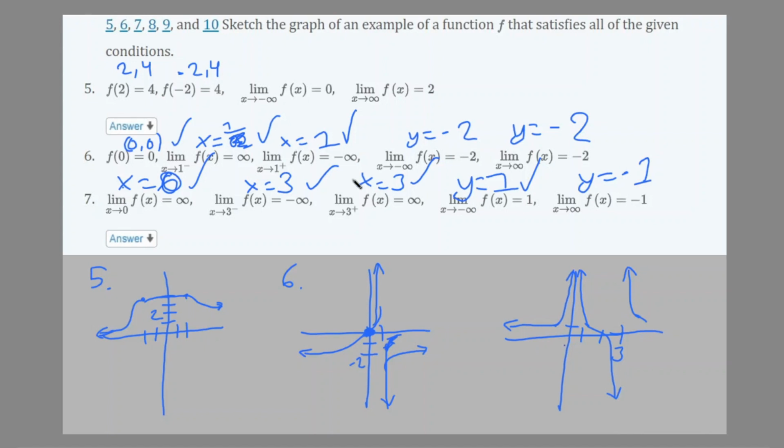So let's say -1 is right here. So from the right side, this graph should be coming down here, and then it's going to have an asymptote at -1. So this is what your number 7 graph should look like. It's followed all these 5 criteria. Now, that's basically it for these 3 questions.